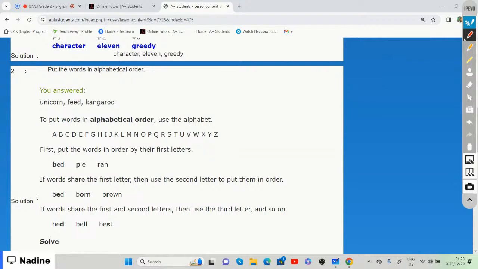So we need to put it in alphabetical order, right? And if we look at the first letter of each of these words, the first letter of each word is different, which means that we are going to put the words in order by first letter.